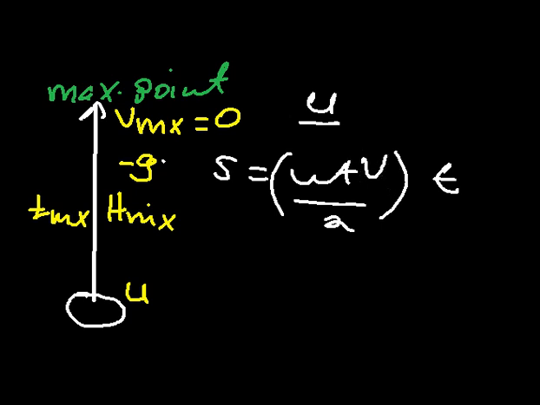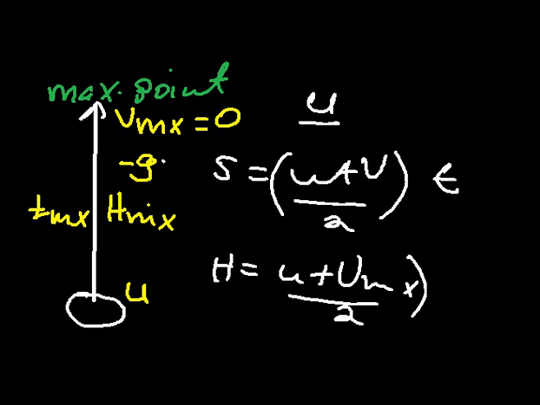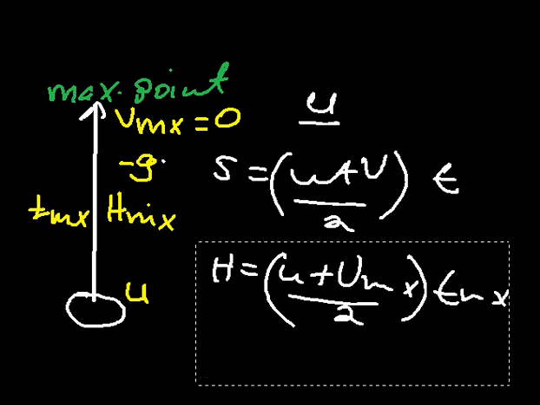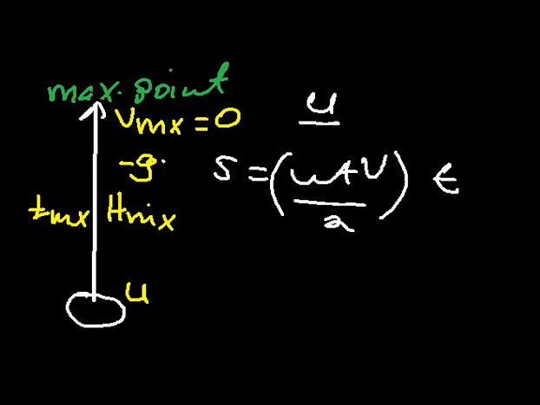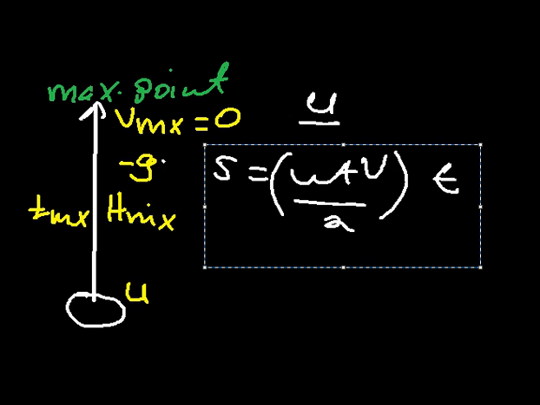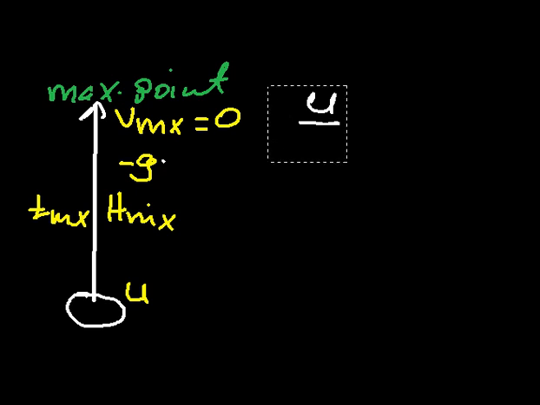Now in free fall motion, the maximum height is equal to (u plus v max) over 2 times time, which is t max as well. So take note of that. You'll be able to have the initial velocity as the subject if we have the other parameters given. So first, you have to identify the given parameters in the equation, then you'll be able to work it out.